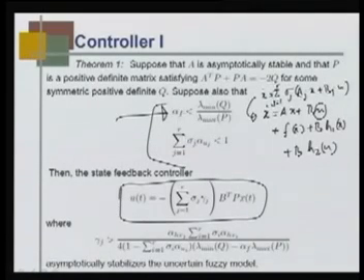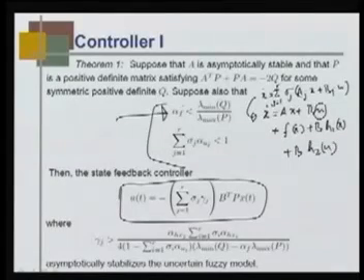This is a norm bound on the nominal plant, the distance between the nominal plant and the actual plant, where a specific rule is fired.